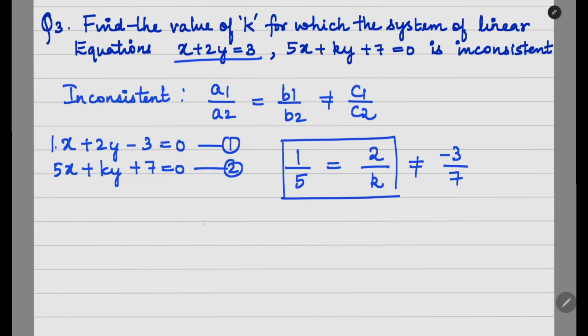We know that 1 by 5 is equal to 2 by k. Cross multiply: k into 1 is k is equal to 5 into 2, which is 10. So the value of k is 10. We have easily identified it.